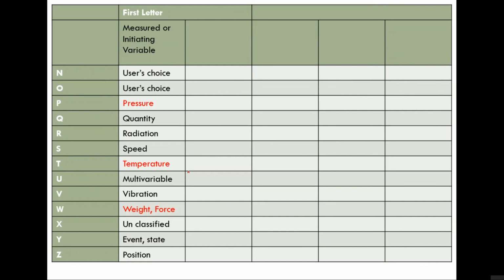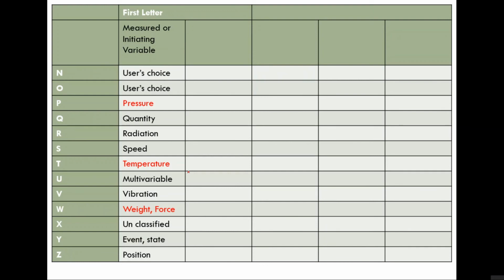So we can summarize our first letter. Can you remember what is A? Analysis. What is B? Burner. Right? Then what is E? Voltage or EMF or potential difference. What is F? Flow rate. Okay. What is H? Hand. What is I? Current. What is J? Energy or work.